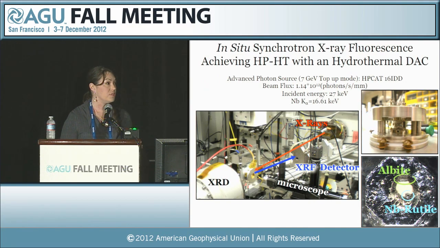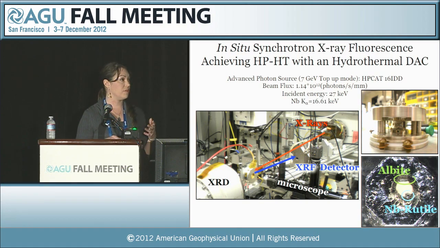And to do that, we used an in situ synchrotron X-ray fluorescence technique. And we started by achieving high pressures and high temperatures using a hydrothermal diamond anvil cell, shown here. It's resistively heated. Inside our diamond anvil cell, we have a rhenium gasket, which is lined with gold.